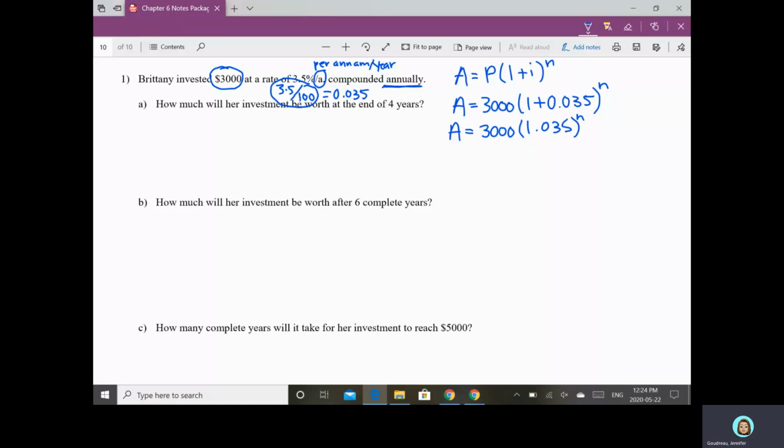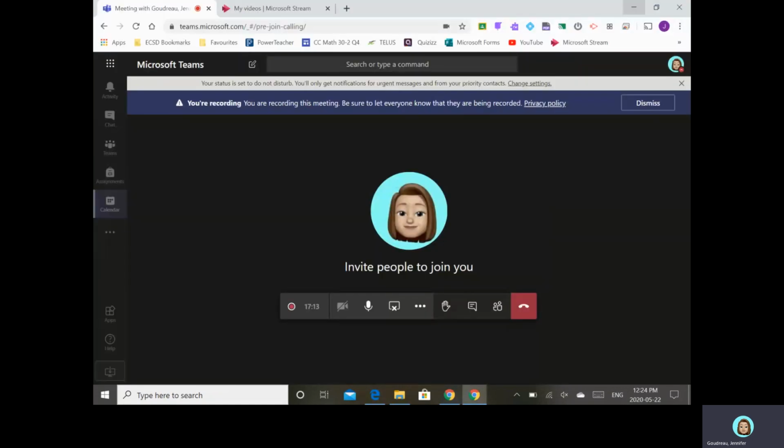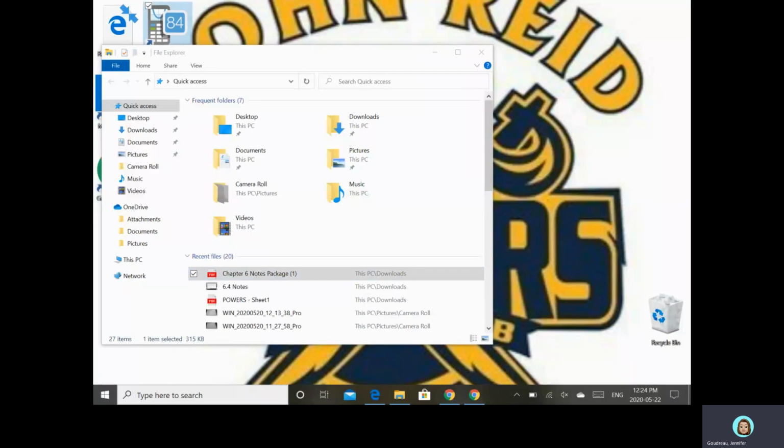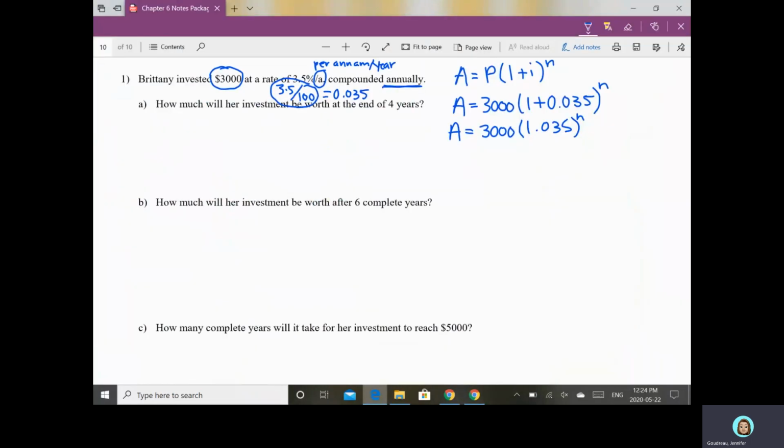Okay, so now what we want to do is have a look at our questions. Question A says, how much will her investment be at the end of 4 years? Okay, so at the end of 4 years means that we are given here the value of n. So n here is equal to 4.